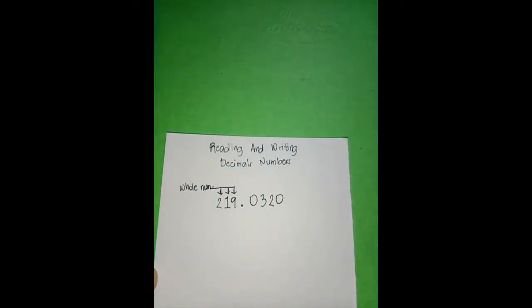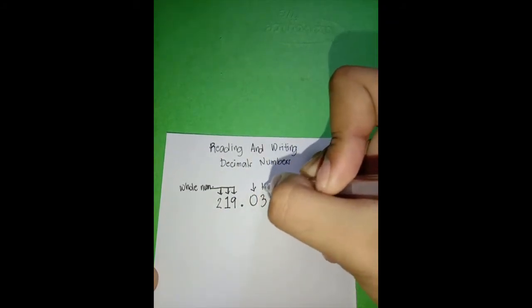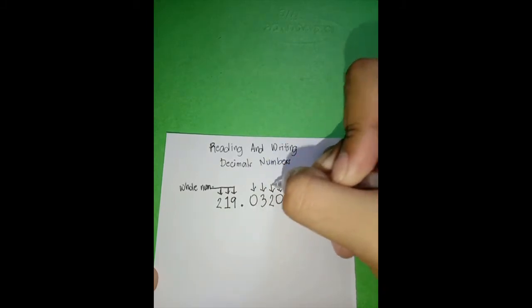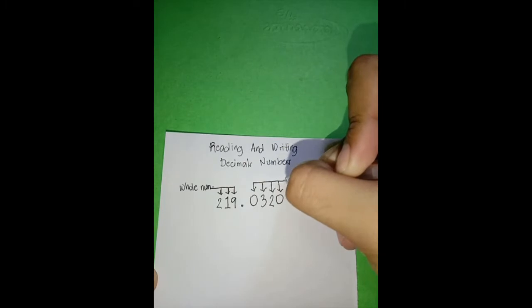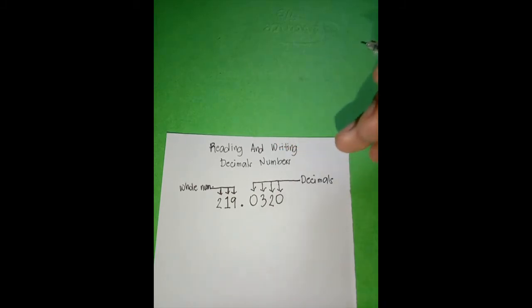Now, these digits are what we call decimal numbers, decimals. Since we know the difference, the whole number is on the left side and the decimals are on the right side.